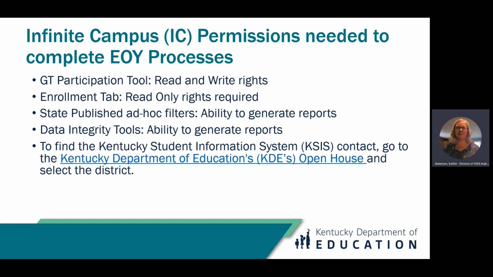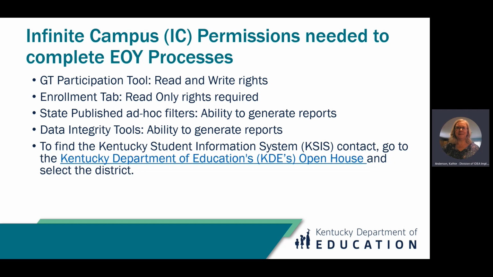If you need these permissions, please contact your Kentucky Student Information System contact, KySIS contact. Some districts are cautious in giving rights to multiple sections of Infinite Campus for several reasons, but they are the person to check with if you would like permissions or rights for certain tools in Infinite Campus.